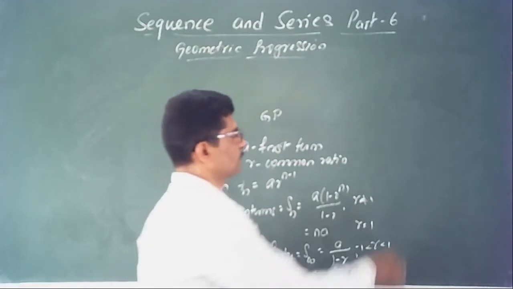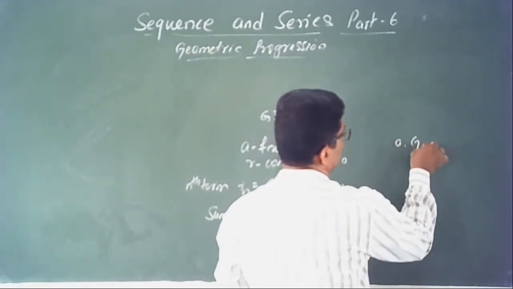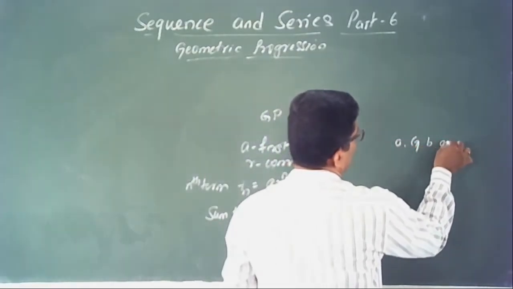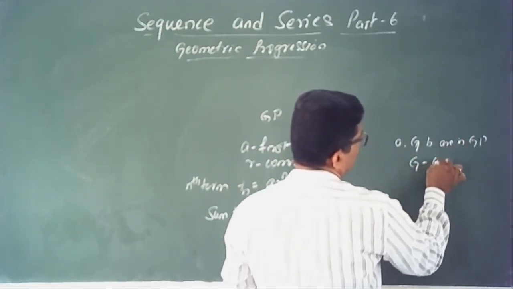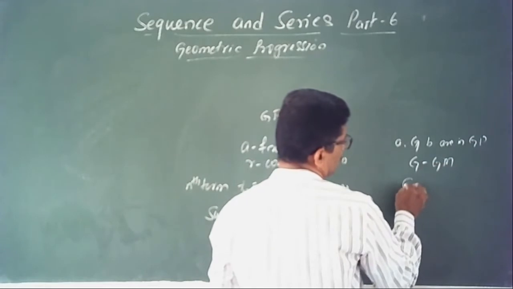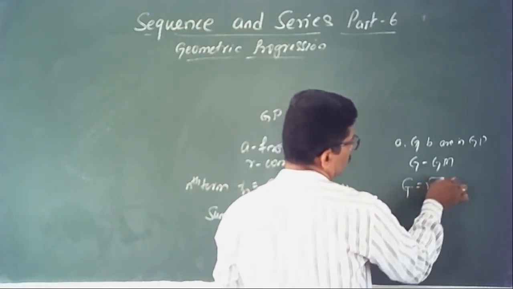If a, g and b are in GP, then g is called the geometric mean, and the value of g is equal to root of ab.